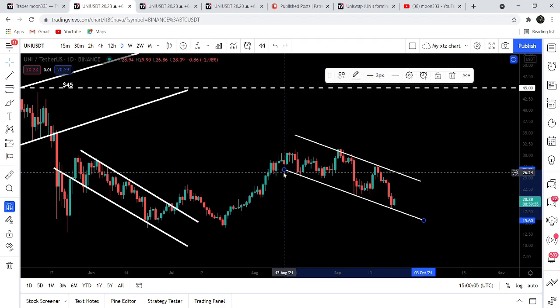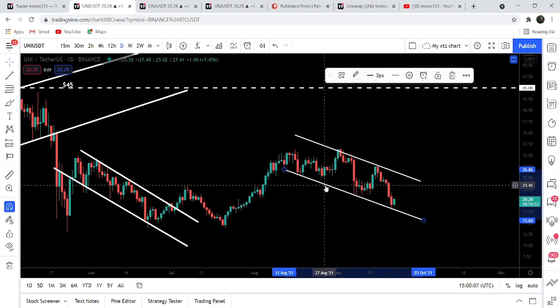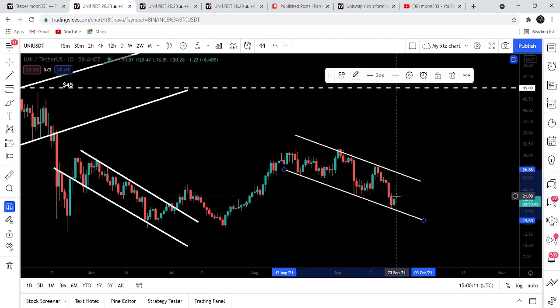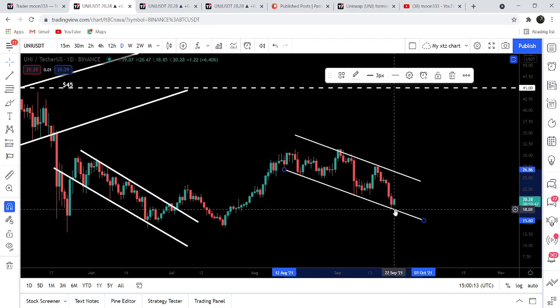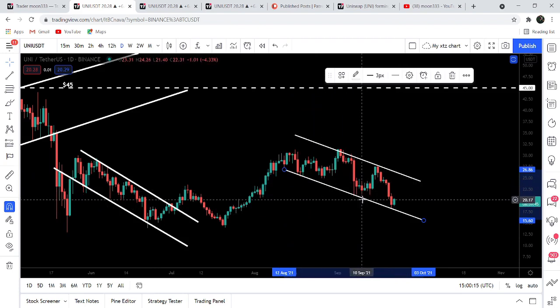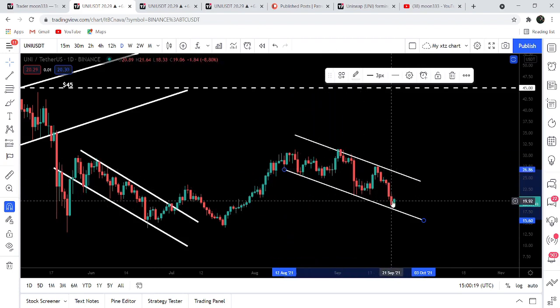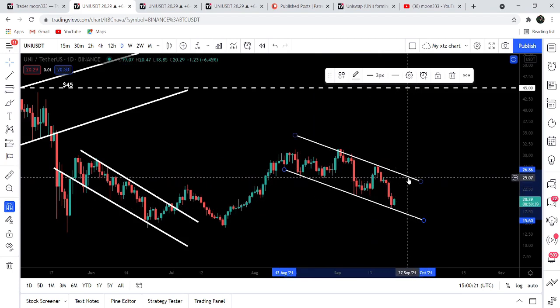You can see we have tests here, we have some touch points here and here, and recently the price action is likely to move up from this another touch point. Therefore this support is confirmed, and we have a few touch points at the resistance, but once more, if the price line is rejected or it has some more touches at the resistance, then the resistance will be confirmed. So it is likely to be another formation of the down channel.